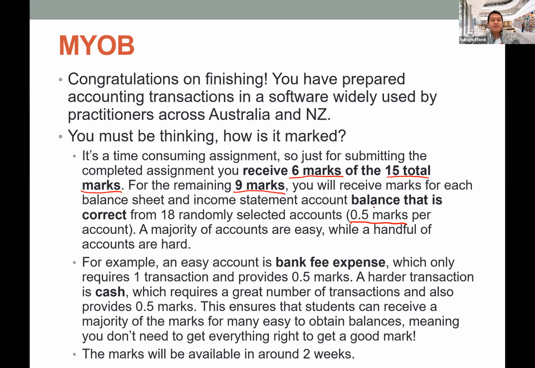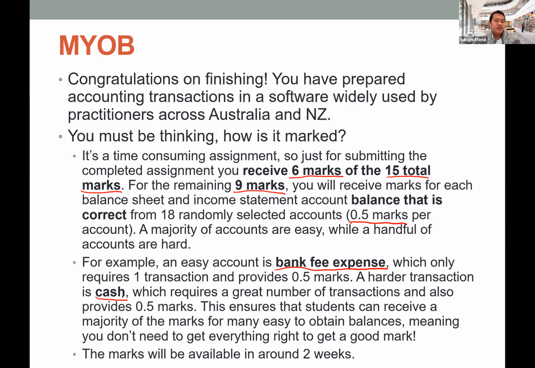The accounts that I will check are mostly easy accounts, for example the bank fee expense, where basically only one transaction is involved. So I believe most of you will get these correct. Only a few are very difficult accounts, for example cash.